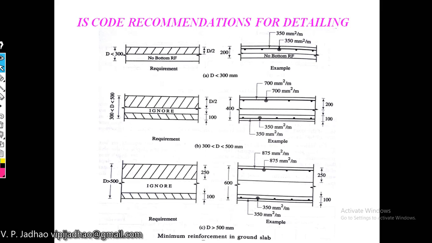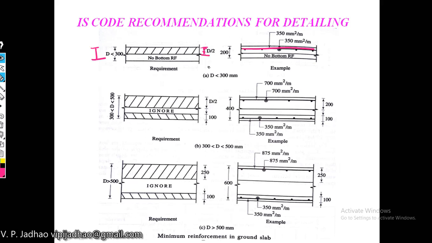Now if the depth of your base slab is greater than 500 mm, then each reinforcement face controls the half depth. If the thickness of your slab is less than 300 mm, then this reinforcement will cover D by 2 depth.